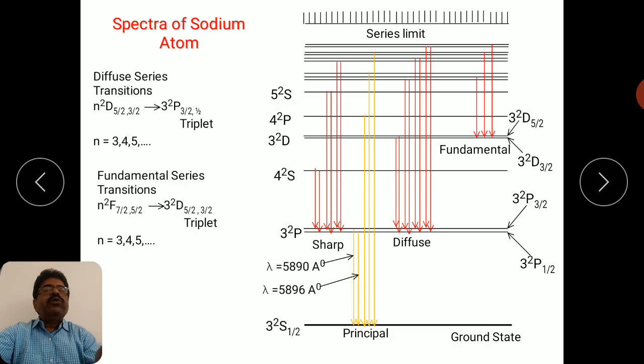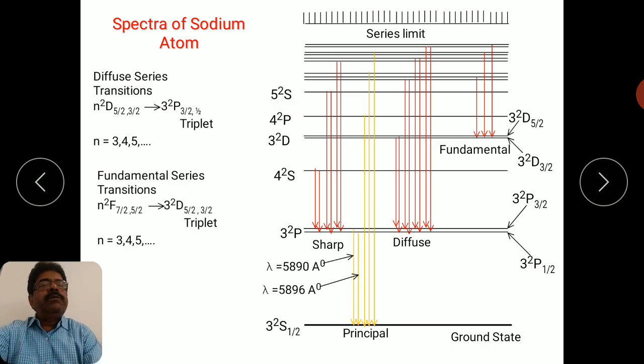Here n is equal to 3, 4, 5 and so on, that means 3F, 4F, 5F and so on, going to 3D, 4D, 5D and so on. So all these transitions clearly represent the four different series in the sodium spectra: the sharp series, principal series, diffuse series and fundamental series.